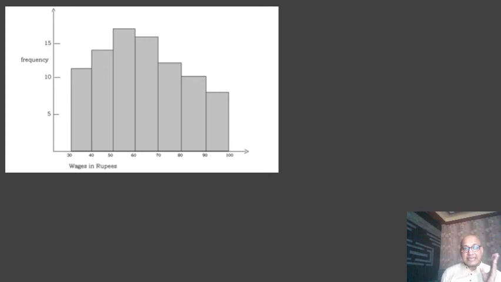On the y-axis, I have given frequency, and on the x-axis, values. So values here are bases in rupees, and frequency of persons getting the same bases.